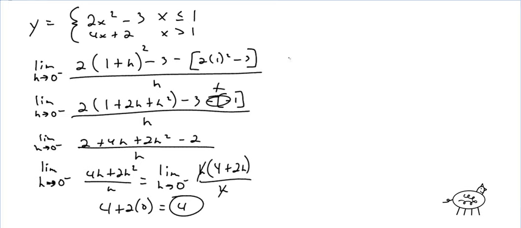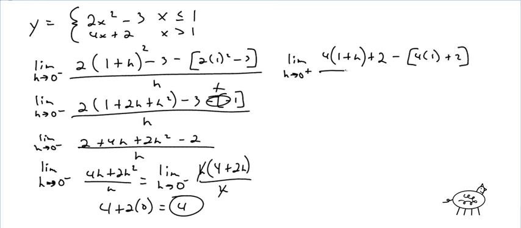Okay, so let's look at the slope coming from the right-hand side. Limit as h approaches 0 from the positive side of 4 times, again we're putting a 1 here, so 1 plus h, plus 2 minus, in brackets, 4 times 1 plus 2, all over h.